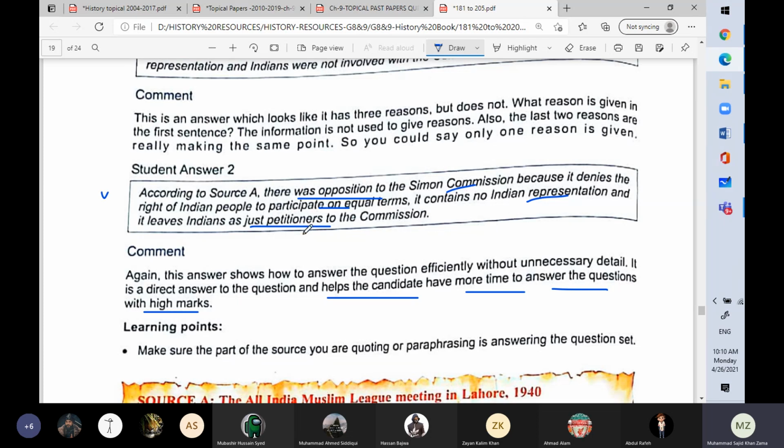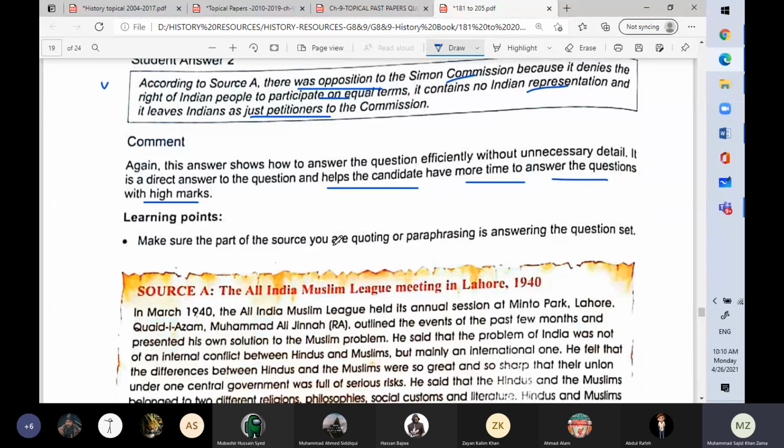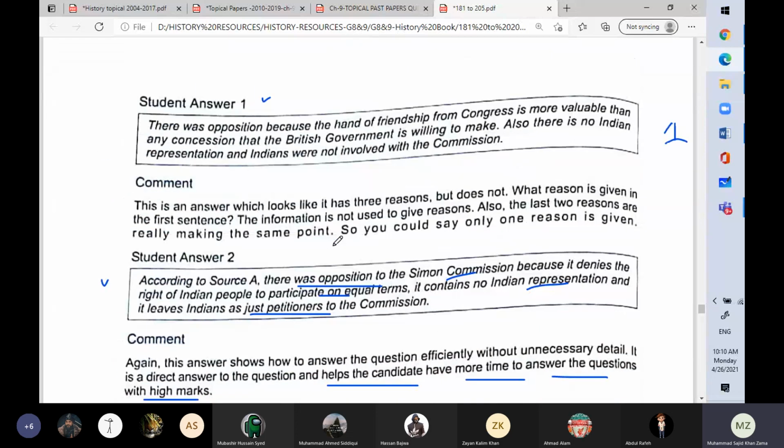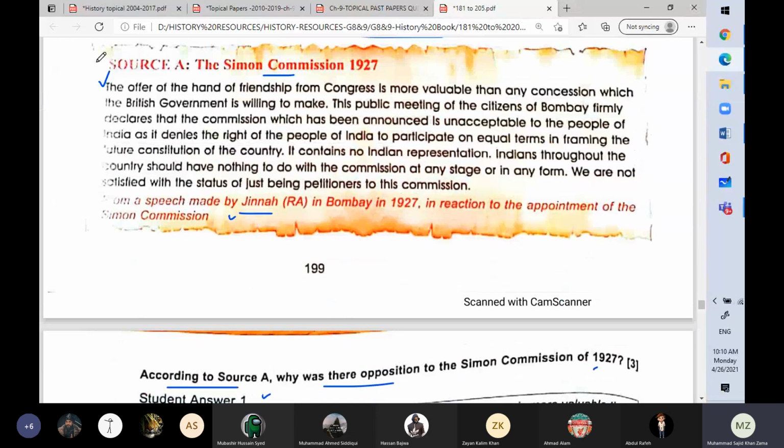So three statements are given. In a source question, which is a text question, you have to give information, factual statements, but those statements should not be interpretations of one another. They should be independent, separate statements. So one statement, second statement, third statement, fourth statement, but all should have separate information. Is it clear?